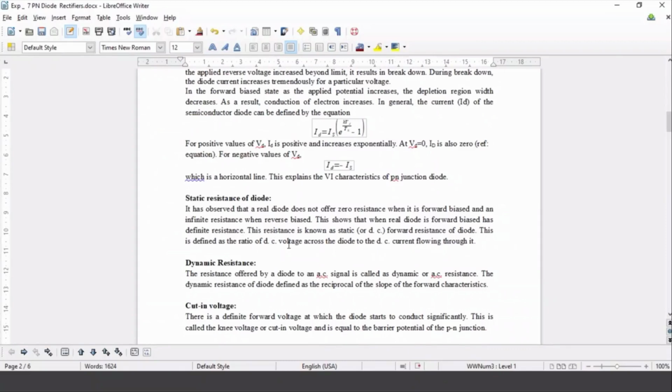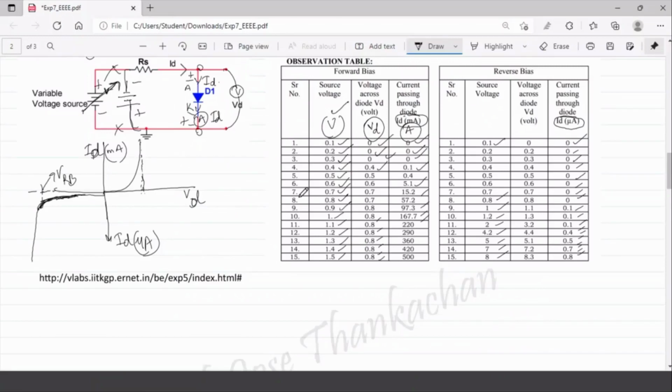The ratio is voltage to current, so basically the slope of this gives you 1 by R, because 1 by R is nothing but the slope of this ID versus VD, and VD divided by ID will be equal to R. R is the static resistance.